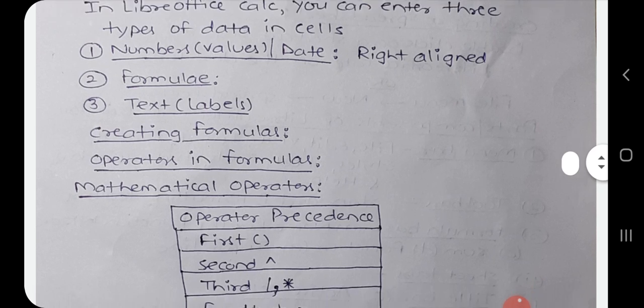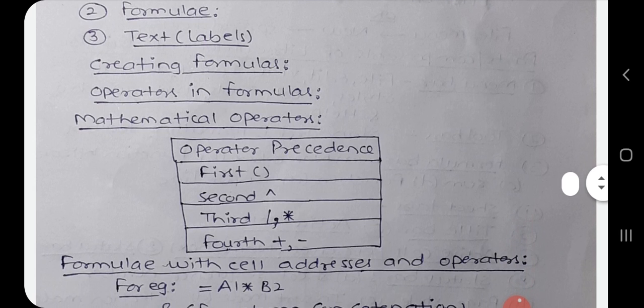Next one is operators in formulas. Each cell on the worksheet can be used as a data holder or a place for data calculations with formulas. The equal to sign indicates that the cell will be used for a calculation.